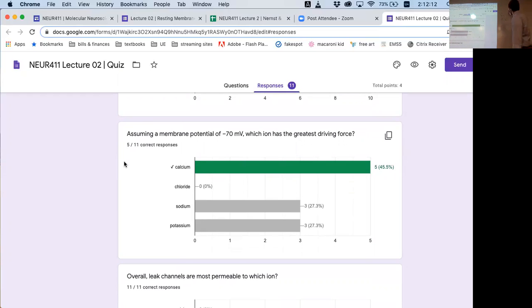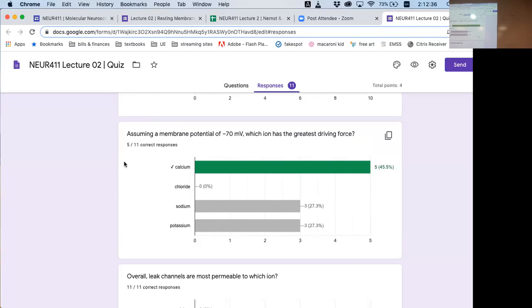So how far are we from that ion's reversal potential? So here's the variable that we'll plug in. You'll take the absolute value here. So the further you are away from that ion's reversal, the greater the driving force. In other words, the greater the effect opening an ion channel is going to have.